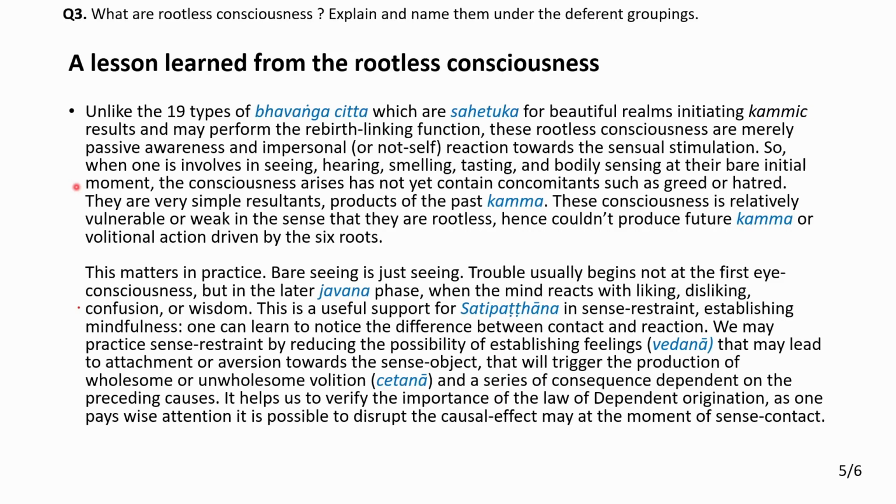But how can chitta arise without mental factor? Chitta has to come up with cetasika, otherwise it wouldn't arise. You cannot say what you want is the greed and hatred, that means the root, the consciousness arises with no akusala concomitants or akusala hetu concomitants.